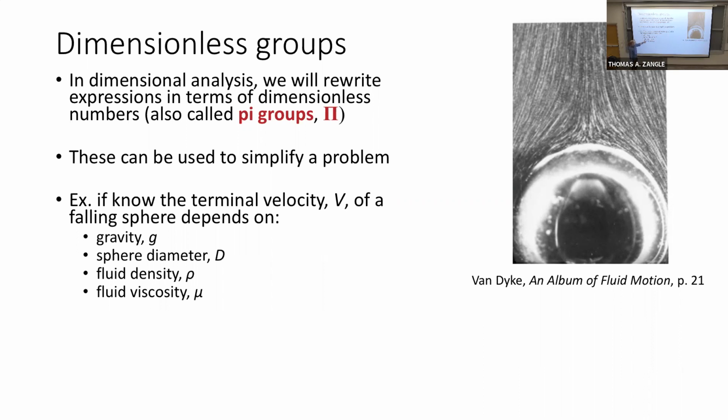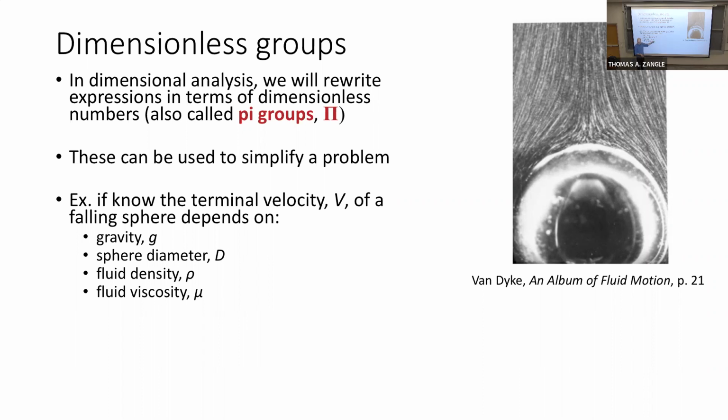We guess that it depends on gravity, the diameter, right? Gravity, because the higher the gravitational acceleration, the faster the sphere should fall. The sphere diameter, because we would expect that a bigger sphere might experience a different force than a smaller one.